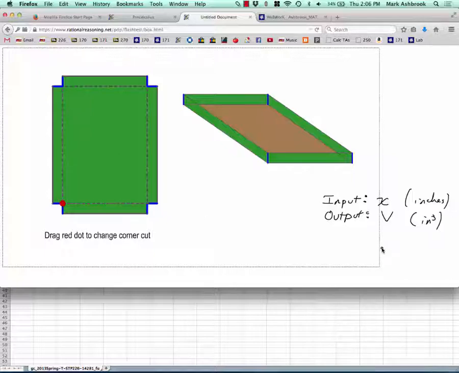Is this a function? The input is X in inches and the output is the volume V. Yes or no? Discuss. Is it a valid function?